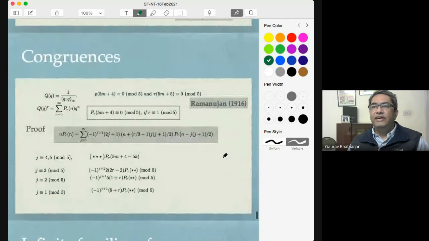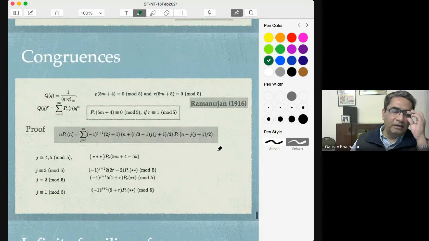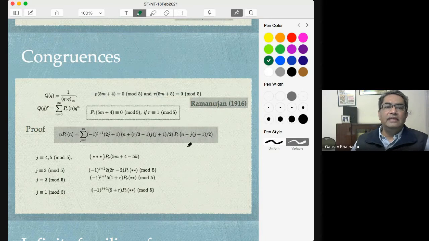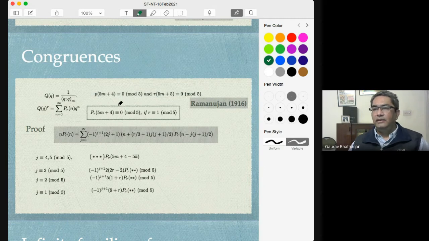Okay, as a final application, let me prove some congruences. Ramanujan, this is a famous story. McMahon created a table of partition numbers from 1 to 200, and Ramanujan looked at it and said that every fifth one is divisible by 5. So 0, 1, 2, 3, 4.